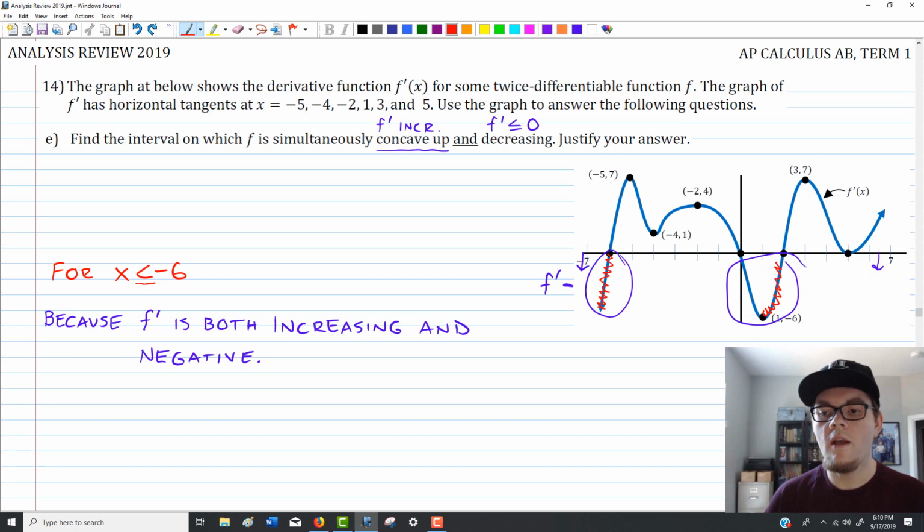But when we go from 1 up to 2, f prime is definitely increasing. So what we'll say is that's true for x from 1 to 2. We should definitely include the 2 because it was definitely decreasing. And as far as at that point, I'm not going to clarify, I would accept that as well.